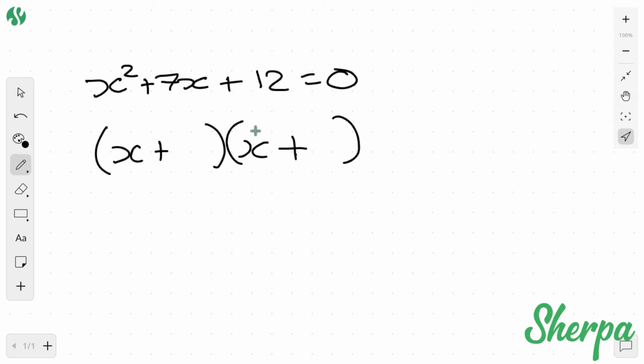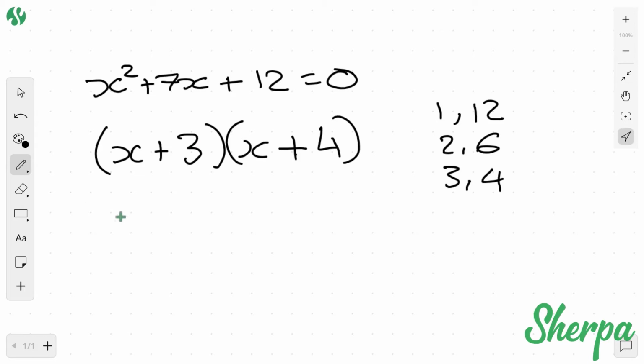And 12 has to be this number times this number. So let's look at the factors of 12. We have 1 and 12, 2 and 6, and 3 and 4. So we look at these and we say, do any of these add up to 7? 1 and 12 equals 13, so it can't be that. 2 and 6 equals 8, so it can't be that. 3 and 4 equals 7. So I know that these are my roots.